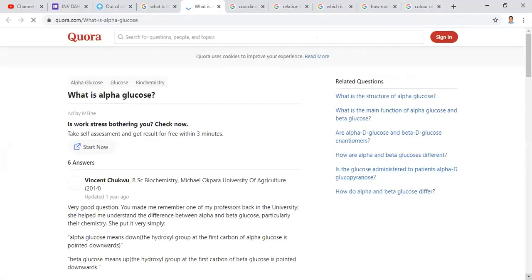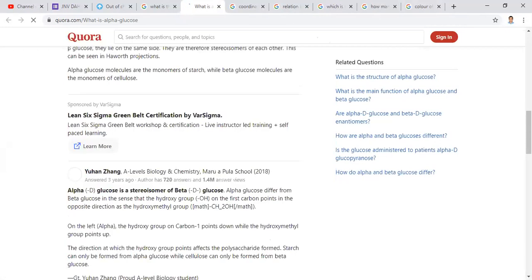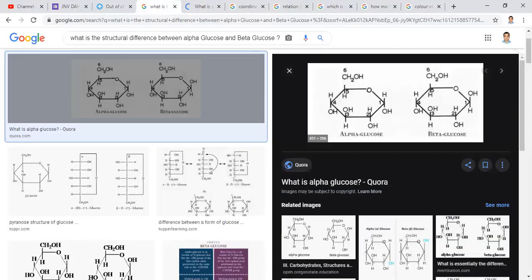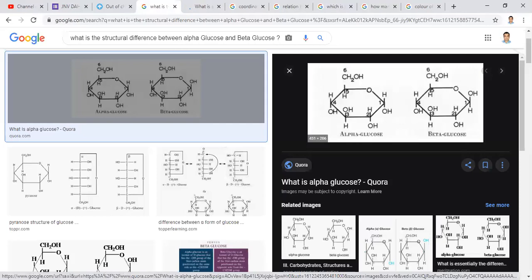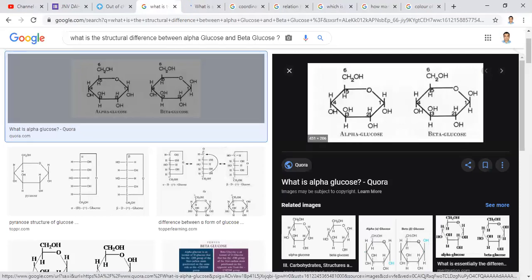I would be happy if you can reply. Just wait, my child. If you can see it, just tell me yes. Okay, no problem. Can you see this now? Alpha glucose and beta glucose? Yes, sir. Look at the carbon number 1. Can you see the carbon number 1 here? I am moving the cursor.